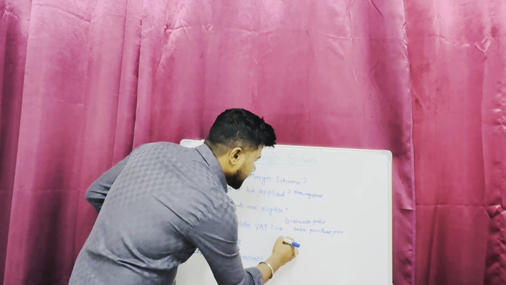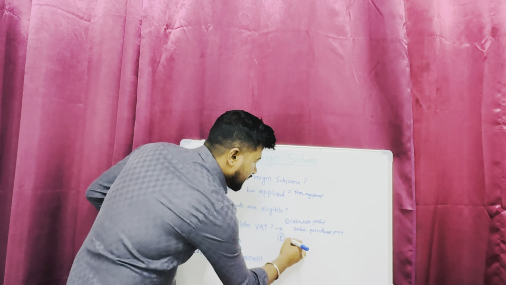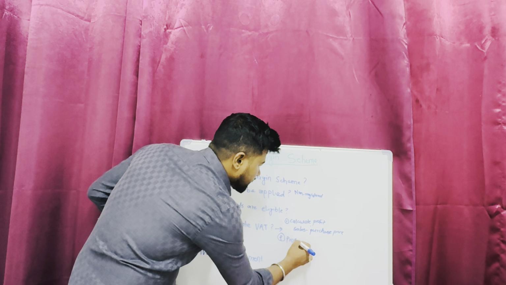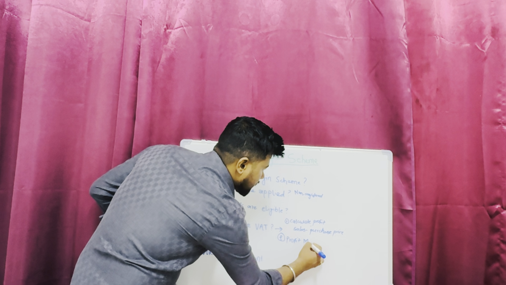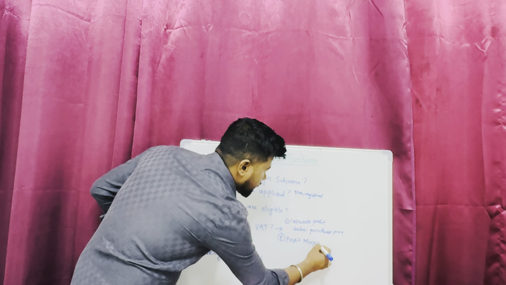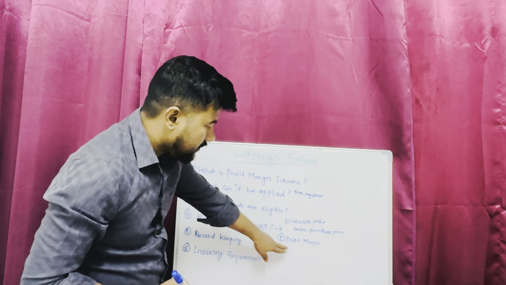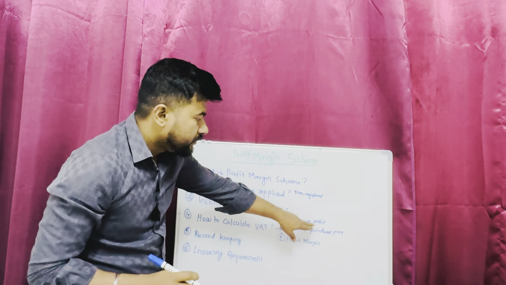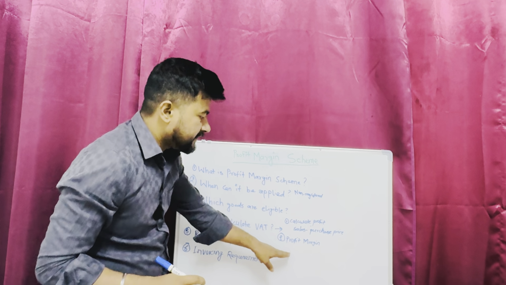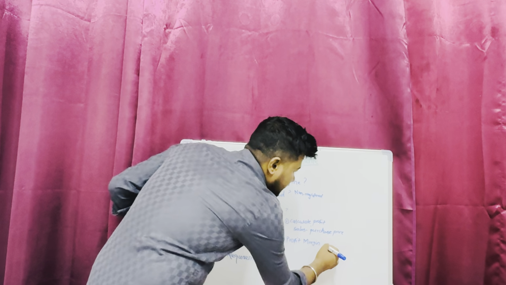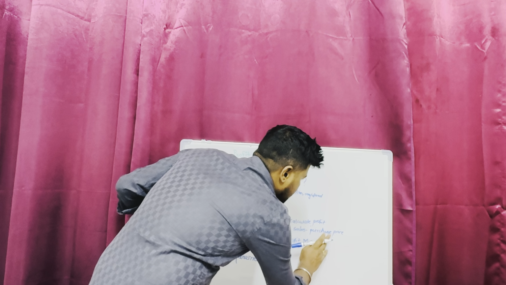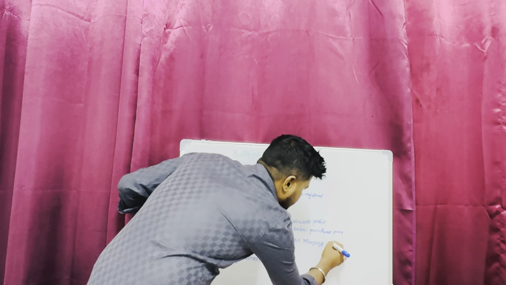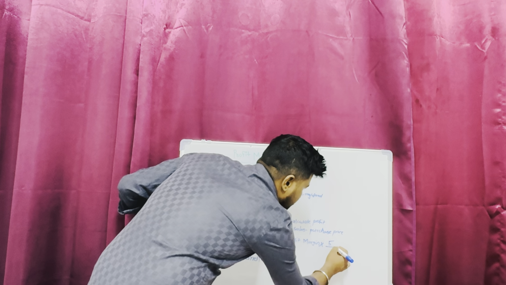Now the second step is: whatever amount you get from the first step, that profit margin, multiply by 5 and divide by 105.